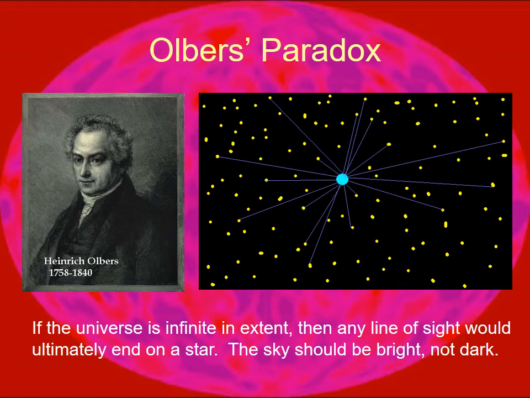And if it's infinitely big, there'd be an infinite number of them in every direction. And so the sky would be bright. Well, we don't see a bright sky, we see a sky that's dark. And so that means it's not infinitely big. Okay, but on the other hand, if it's not infinitely big and infinitely old, then it's not stable. And Newton was arguing it ought to be stable. So this became known in cosmology as Olbers' Paradox.